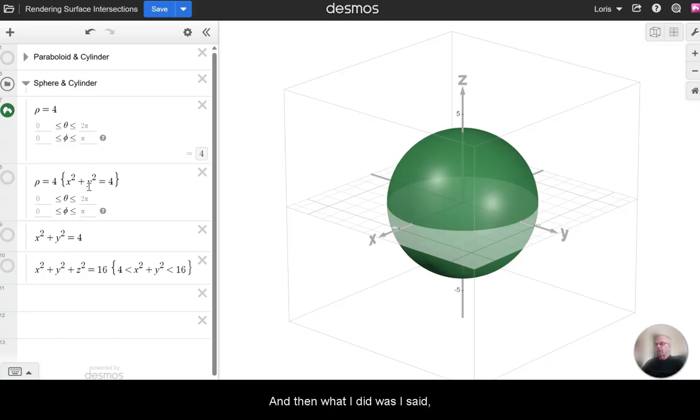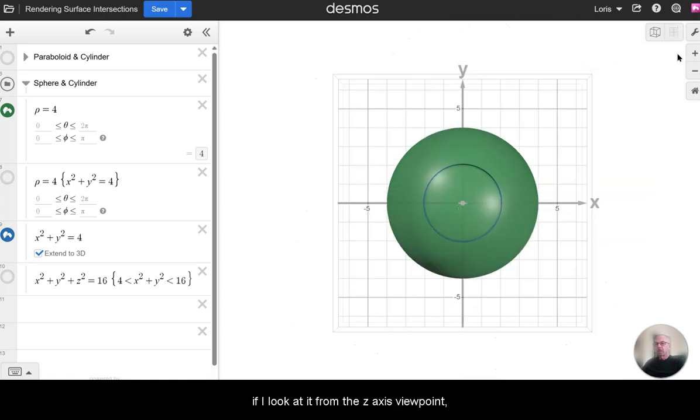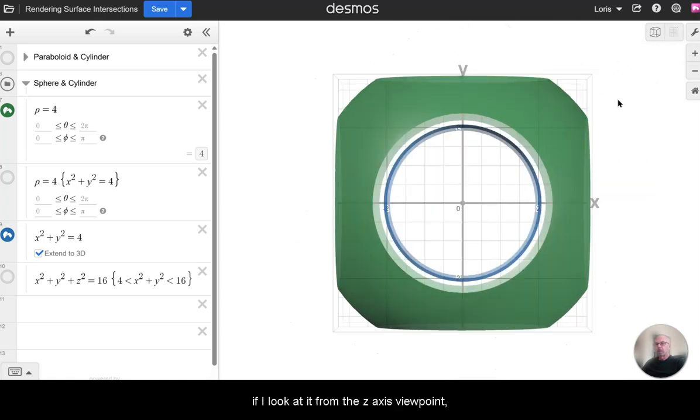And then I said, okay, the idea is to find the object outside this cylinder in blue, but still inside the sphere. If I look at it from the z-axis viewpoint, the cylinder is here at 2.